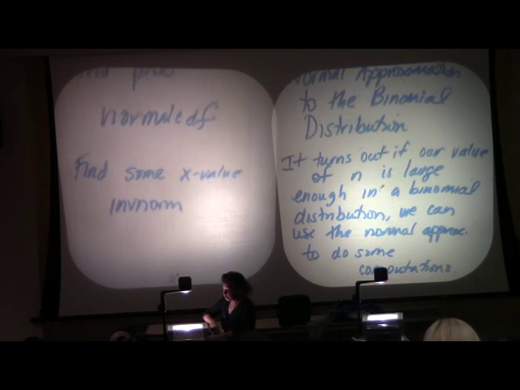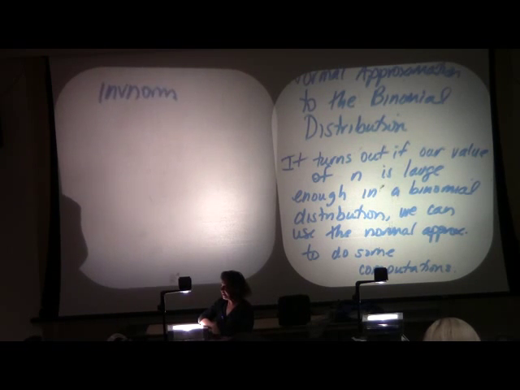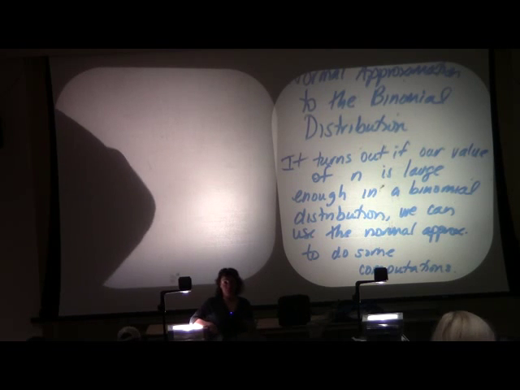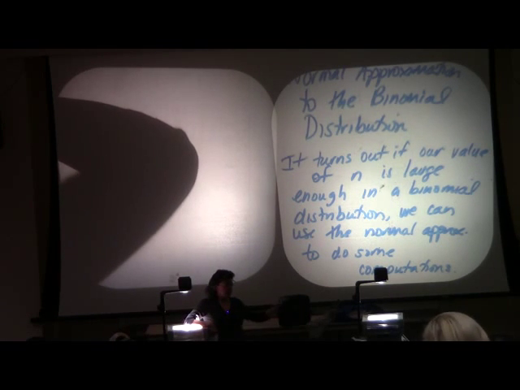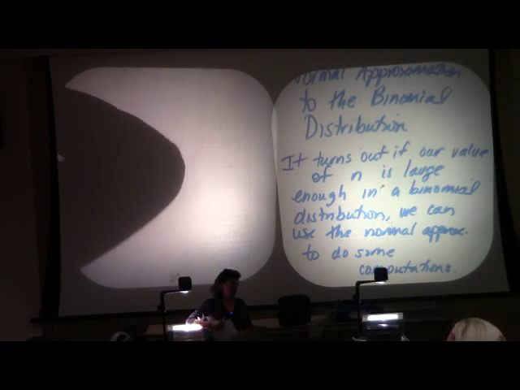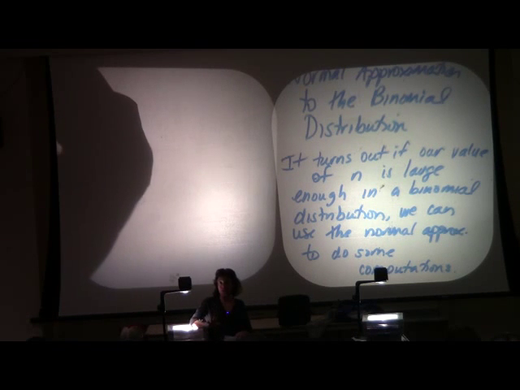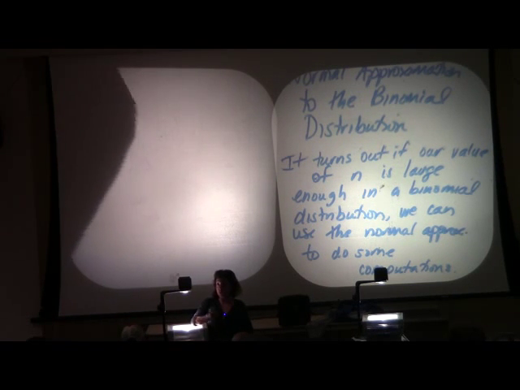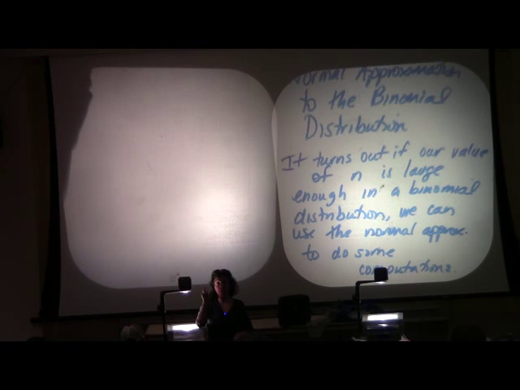So if you're wanting to find that range in a binomial situation for a large enough sample size, you can use the normal approximation. Let me show you how we do it. There's one funky thing that goes on, and it's a little fudge factor we have to talk about.